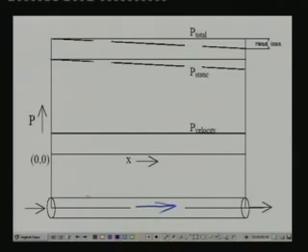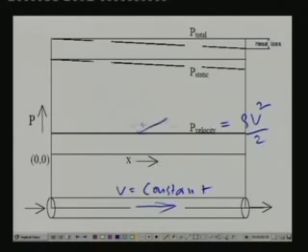So, if you apply continuity equation, at any point V is constant. So, velocity does not change along the length. Since velocity pressure is equal to rho v square by 2 and rho is constant here, the velocity pressure also will remain constant because V is constant. So, if you are plotting different pressures versus length, you find that for the velocity pressure you get a horizontal line. So this is a line for velocity pressure.